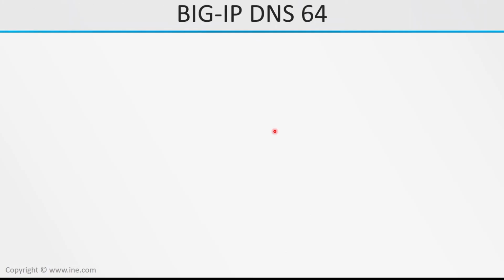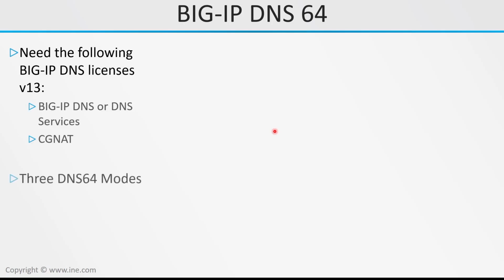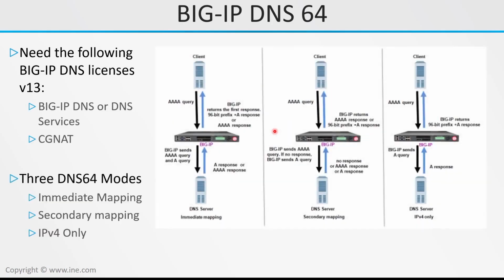Okay, so let's talk about the third BIG-IP DNS feature, DNS64. DNS64 has 3 modes that you can use to mitigate IPv4 address exhaustion, which in the United States maybe is not a problem right now, but for other places that have only IPv6 addresses available at the moment, they need to be able to support the translation between IPv6 and a mixed environment.